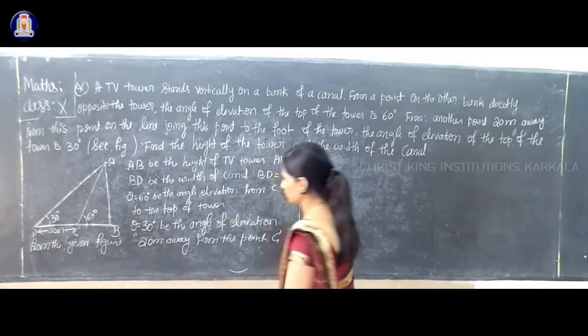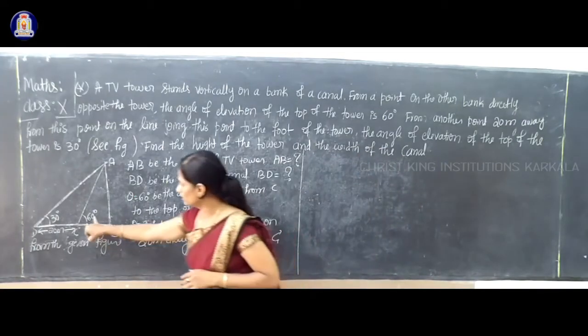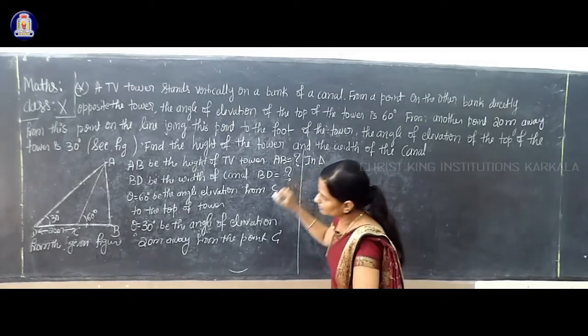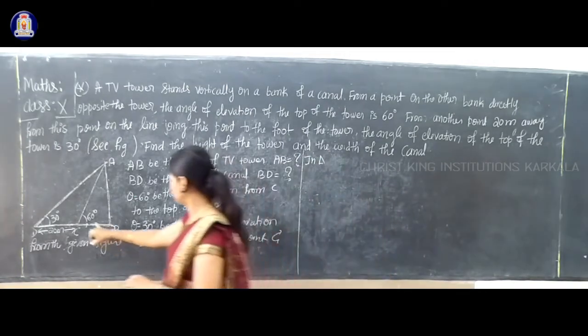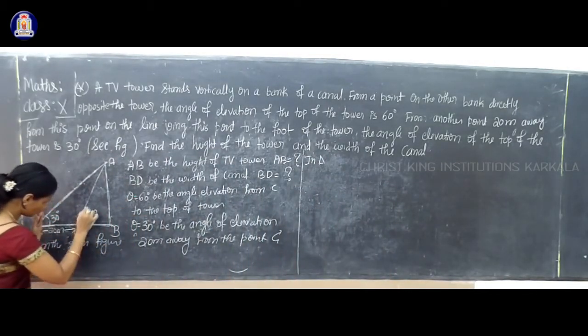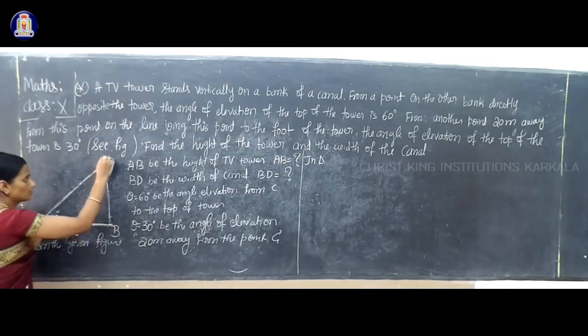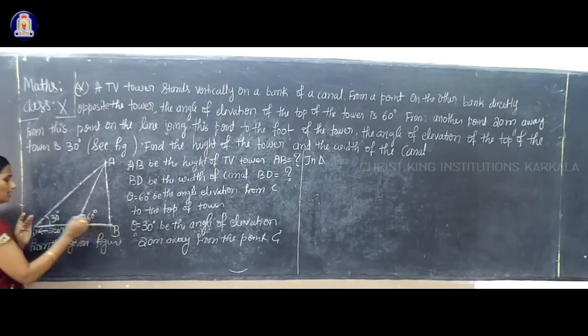So now with respect to angles, first take 60 degree. In the right angle triangle, which is that right angle triangle? This is your 60 degree, in between these two lines. So what is your triangle? ABC.